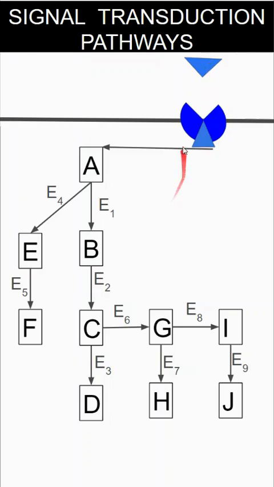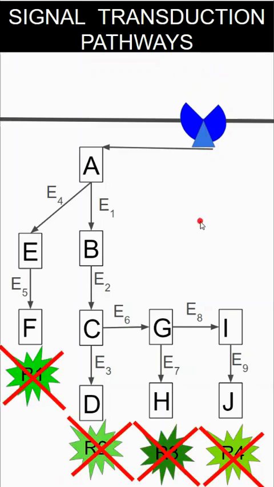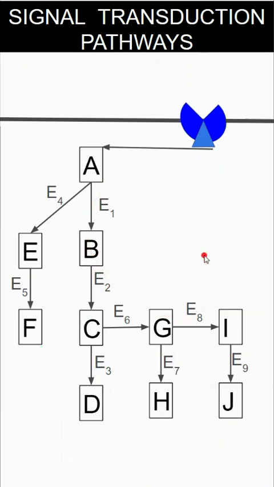So we're not doing the pathway all of the time unless the message is being sent and there's communication that the pathway is supposed to happen. So typically this would be the original setting. If there's no signal, there's no response. The transduction pathway does not occur.